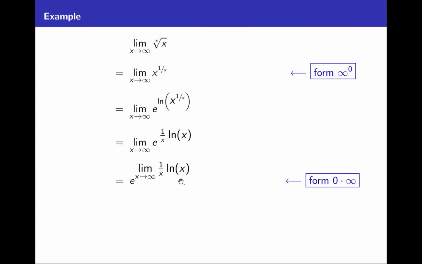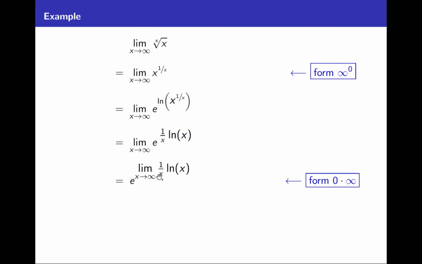So as I said on the previous slide, when you apply this trick, you're always going to get either 0 times infinity or infinity times 0, and there we got it. And this is something that we know how to do. We talked about that in the previous lecture on L'Hopital's Rule. We can bring down either the 1 over x or the ln x down to the bottom.